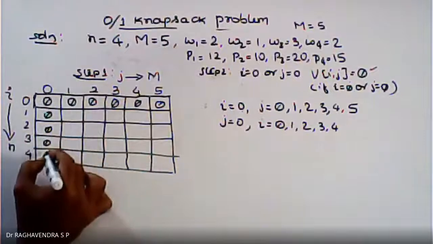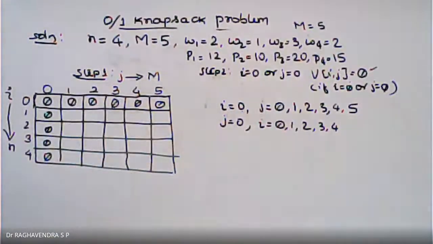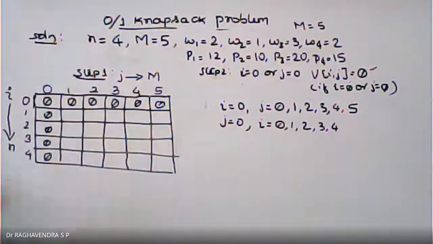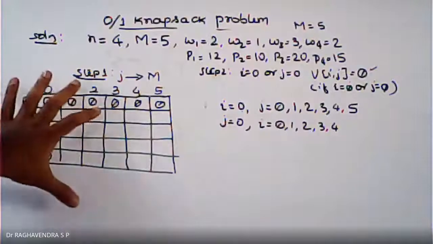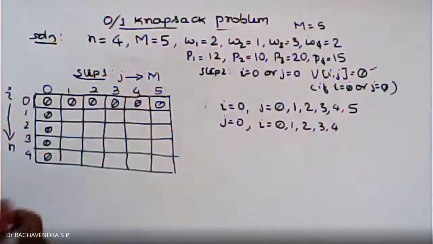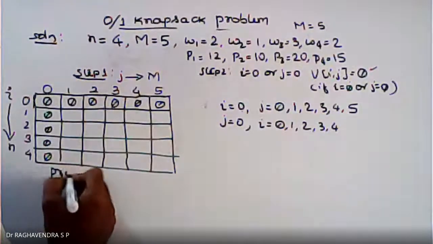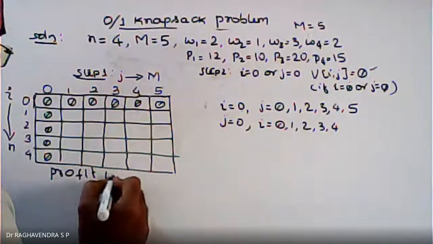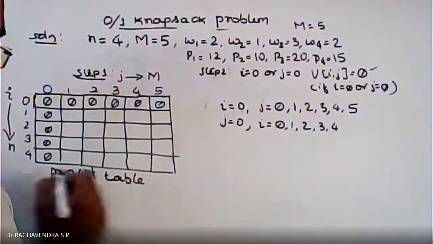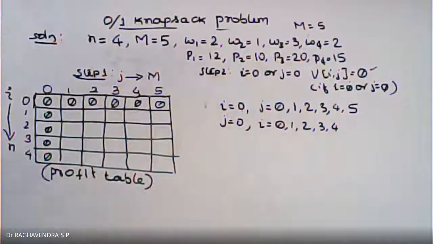Then the first column is also 0. These values need to be entered in the table. Okay. Now step 3. This is called the profit table. We call this the profit table.